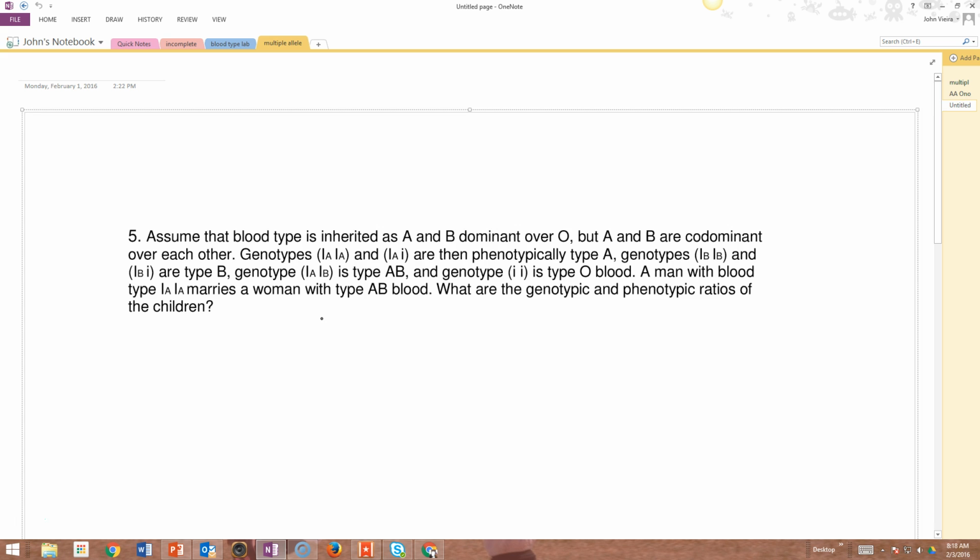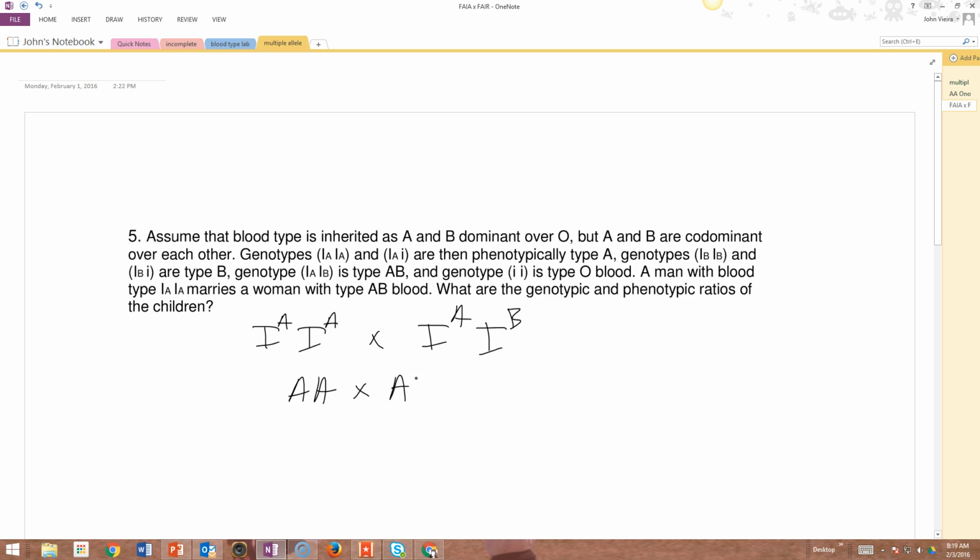Okay, so we'll use our I's here. A man with blood type A marries a woman with type AB. That's the same thing as going like this.